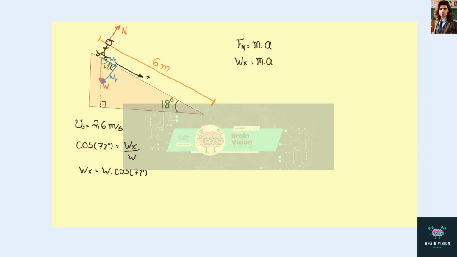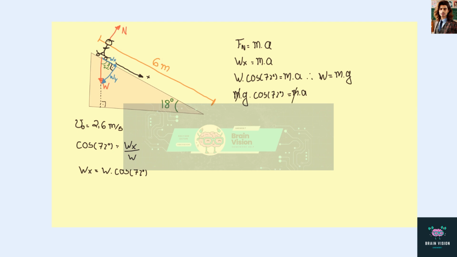Then here we have the weight force times the cosine of 72 degrees being equal to the mass times the acceleration of the skateboarder. But remember that the weight force is given by the mass of the skateboarder times the acceleration of gravity. So m times g times the cosine of 72 degrees is equal to the mass times the acceleration of the skateboarder.